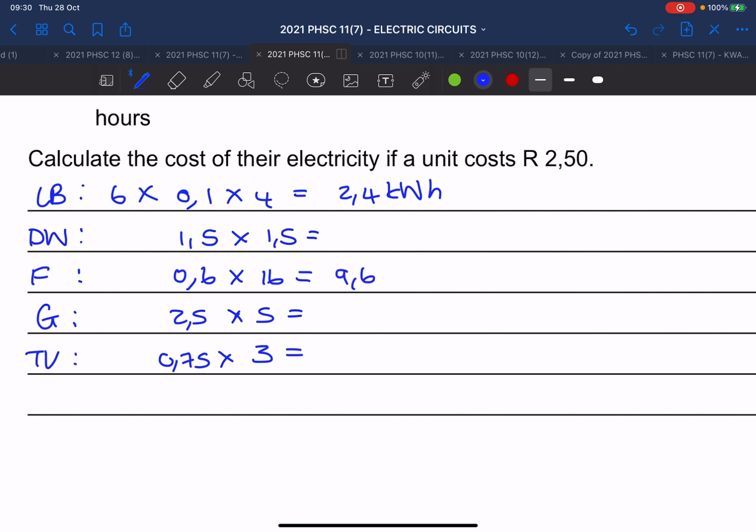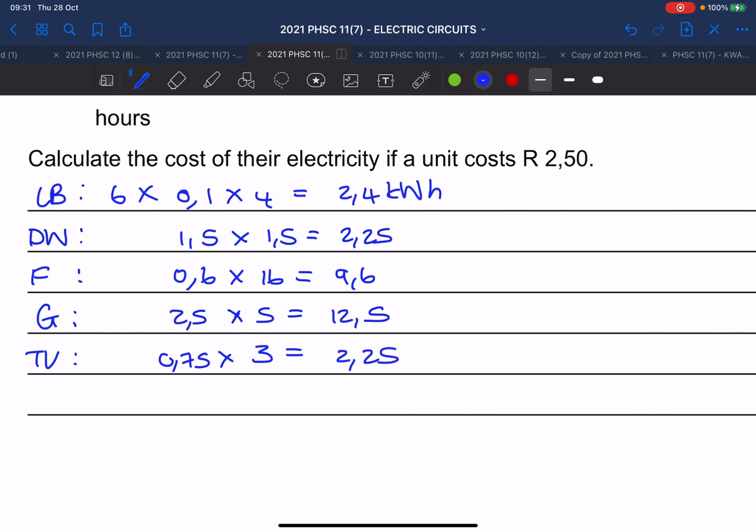Tiamo? 2.5 plus 2.5 is 5, times 5, that is 12.5.